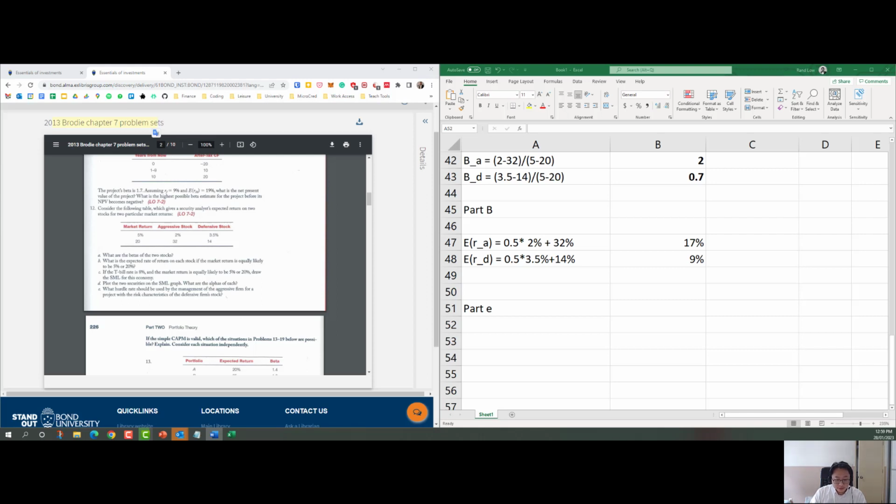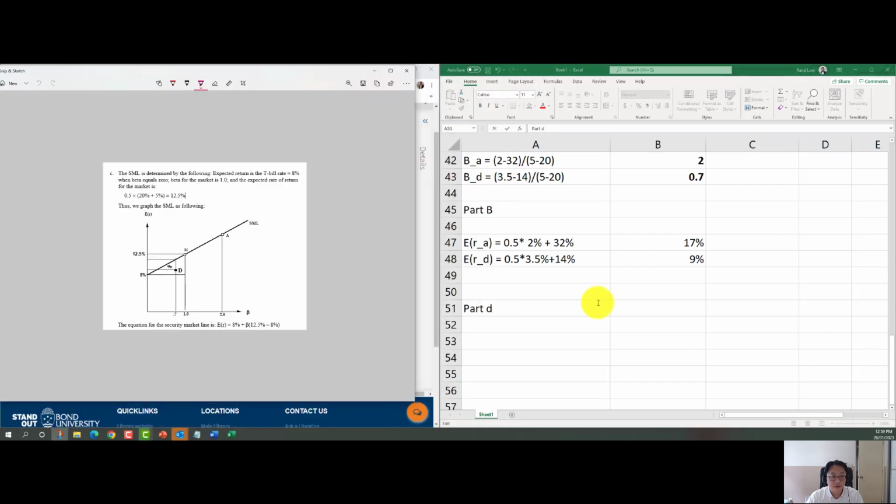So ultimately, wait, sorry, my mistake. I just realized that for D, we have to plot the two securities on the SML graph and then work out what the alphas are of each one. So basically for part D, this is the chart.